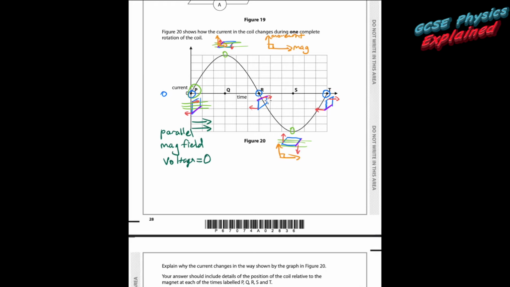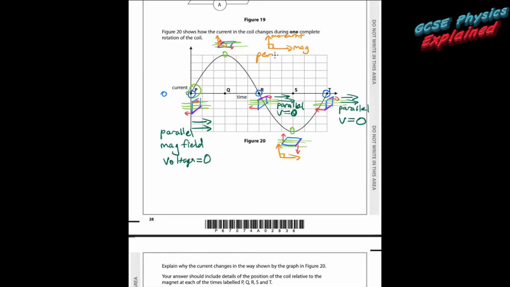And it's the same here. So there's your magnetic field lines. So your movement is that way and your magnetic field's that way. So that's parallel. And your movement's that way and your magnetic field's that way. So that's parallel. Your voltage there is nothing. And that's parallel there. So your voltage there is nothing.